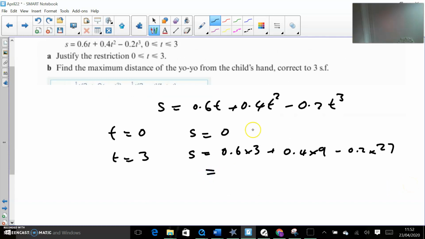So we have 1.8, 9 times 0.4 is 3.6, and 0.2 times 27 is 5.4. So 1.8 plus 3.6 is 5.4, minus 5.4 is 0. And so the displacement is 0 at 0 and 3.